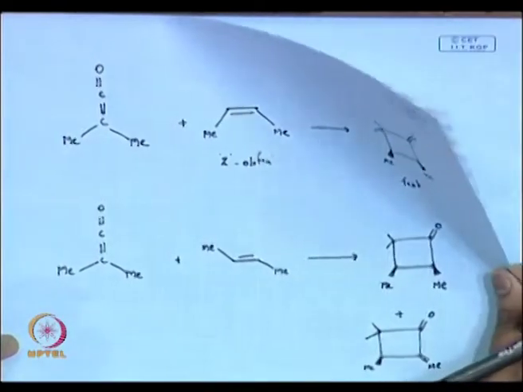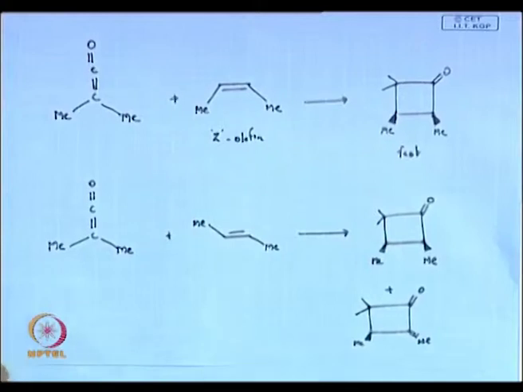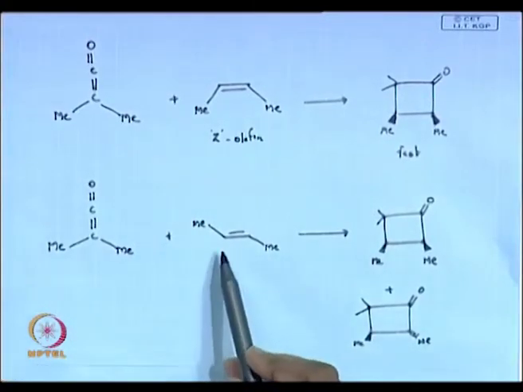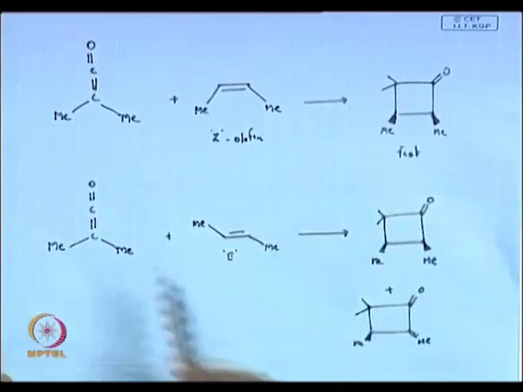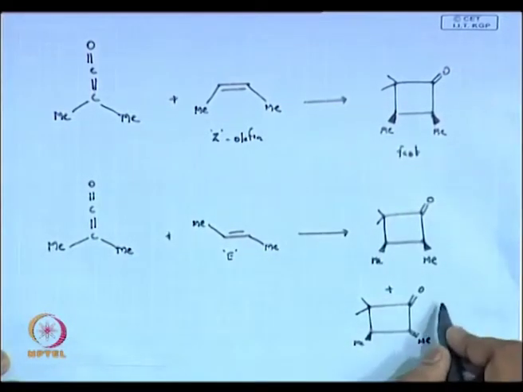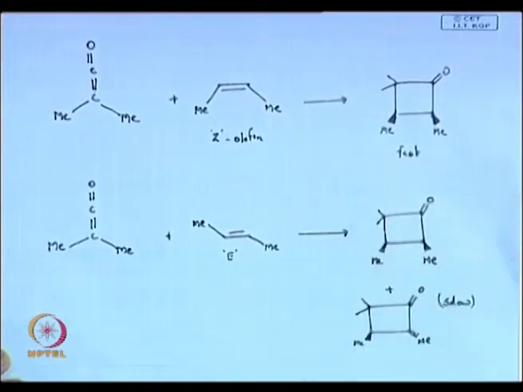So, if I have ketene with my E type, I get these two products. But if it is Z, this reaction goes fast, and this reaction with E happens a little bit slow.